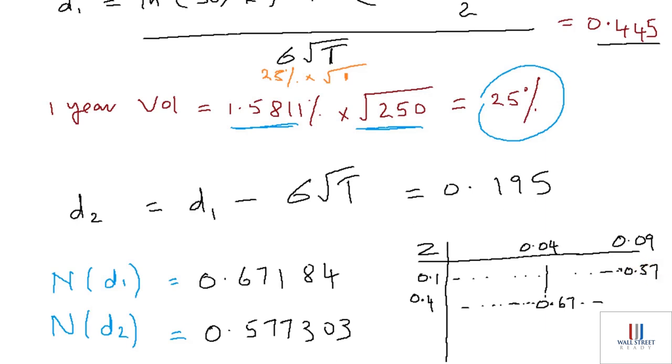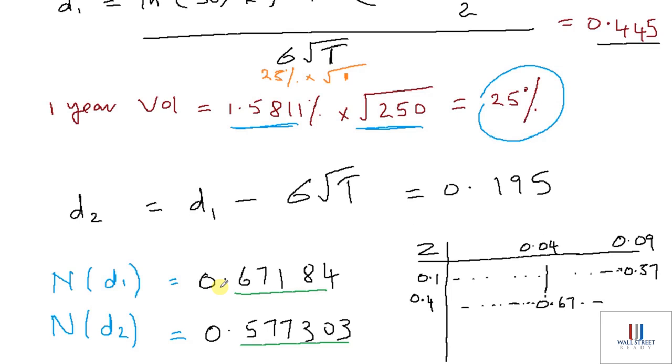Now here you see a bit more detail because I used Excel to calculate the value. So Excel goes beyond 2 decimals and calculates the perfect value. Now when you're using a cumulative distribution table, you are slightly limited, but you'll get closer to these values. So that's N(D1) and that's N(D2).